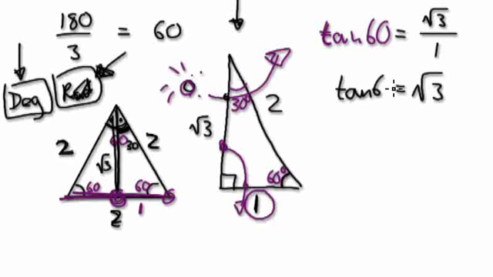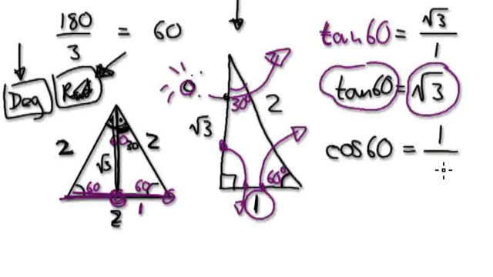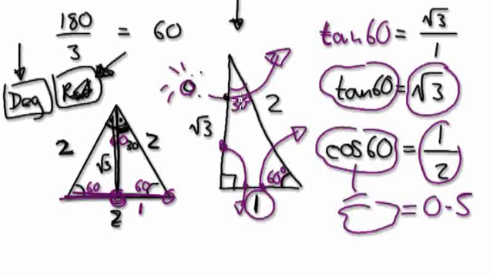If you don't believe me, punch tan 60 into your calculator, and that will be the same as the square root of 3. Now, what's the other one? Cos 60 would be 1 over 2. If you don't believe me, punch cos 60 into your calculator, and that would be the same as 0.5.